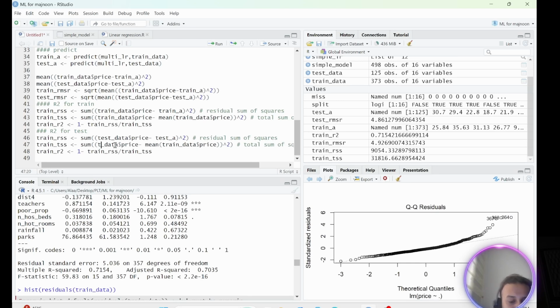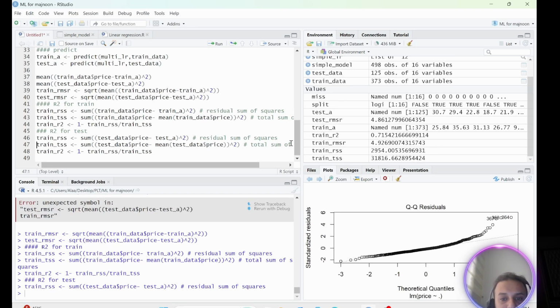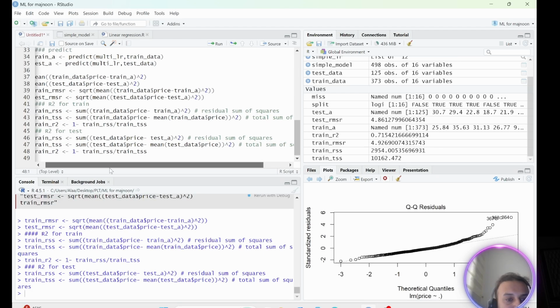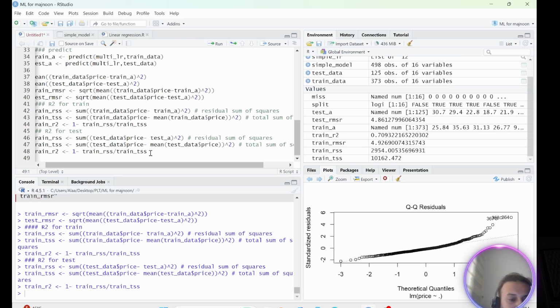Then we run our total, and we have the train and the test r square.